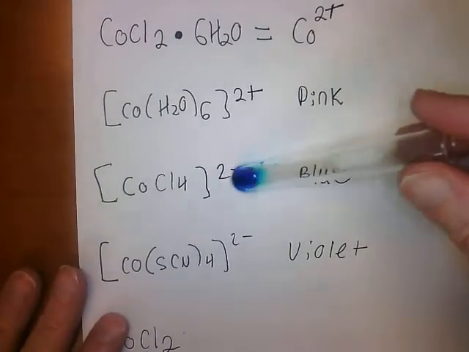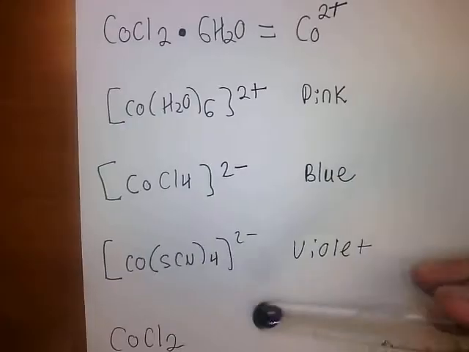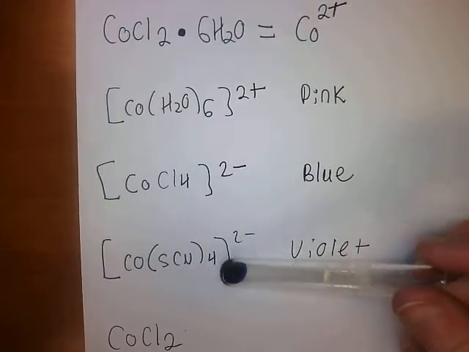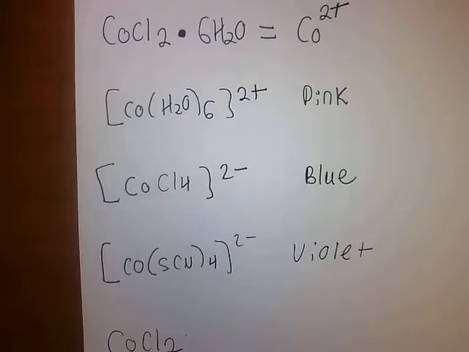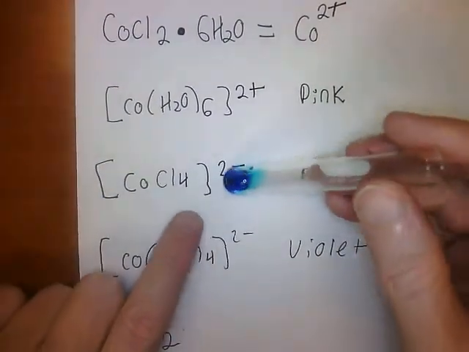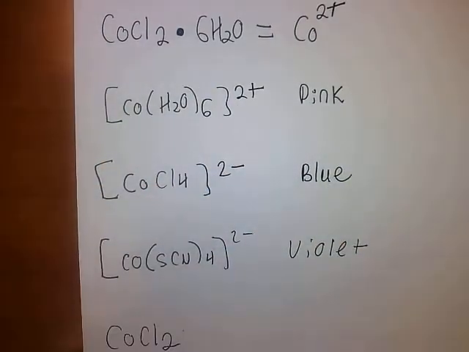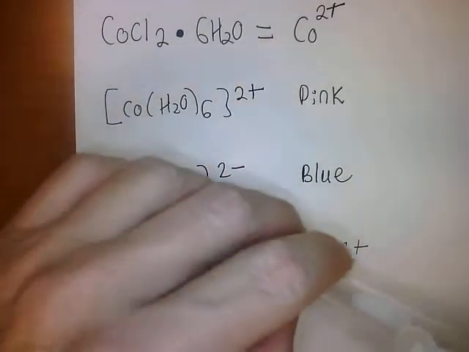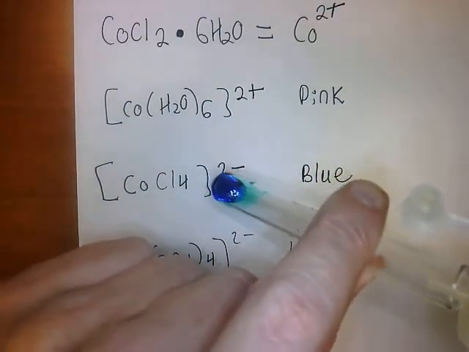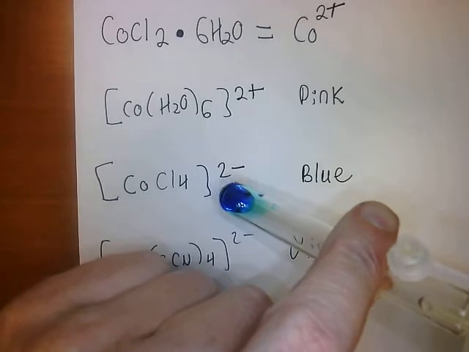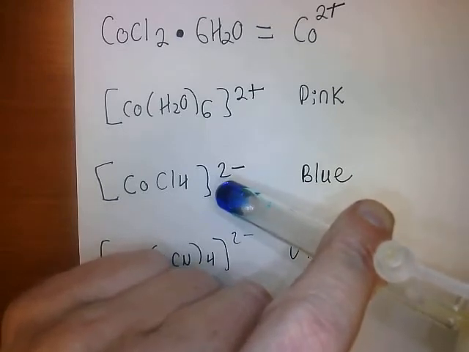When we dissolved it up in HCl, we got the tetrachloro, and in the thiocyanate, we formed the tetrathiocyanato, which is violet. But we could shift this tetrachlorocobaltate over to the hexaaquo just by diluting it down. Right, so if I take this tetrachlorocobaltate, that's the one we added the HCl to, look what happens when you add water to it.